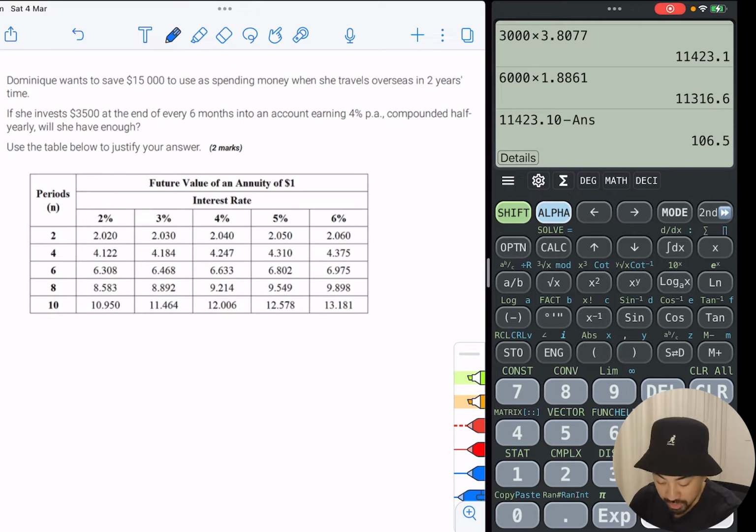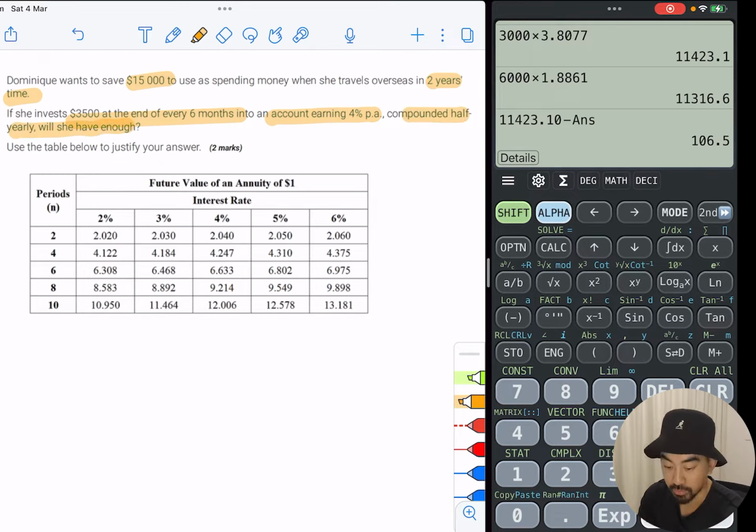Dominic wants to save $15,000 to use as spending money when she travels overseas in 2 years' time. If she invests $3,500 at the end of every 6 months into an account earning 6% per annum, compounded half yearly, will she have enough? Okay, so once again, she's putting in $3,500 every 6 months. So we need to convert our rate into months.